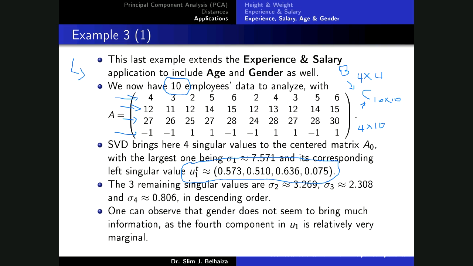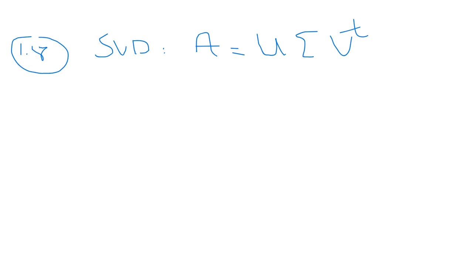Okay, let me share with you the whiteboard. In fact, with SVD, the goal is to write any matrix, even non-symmetric, non-square, as U times sigma times V transpose. And this is something important we have to master in Math 405.